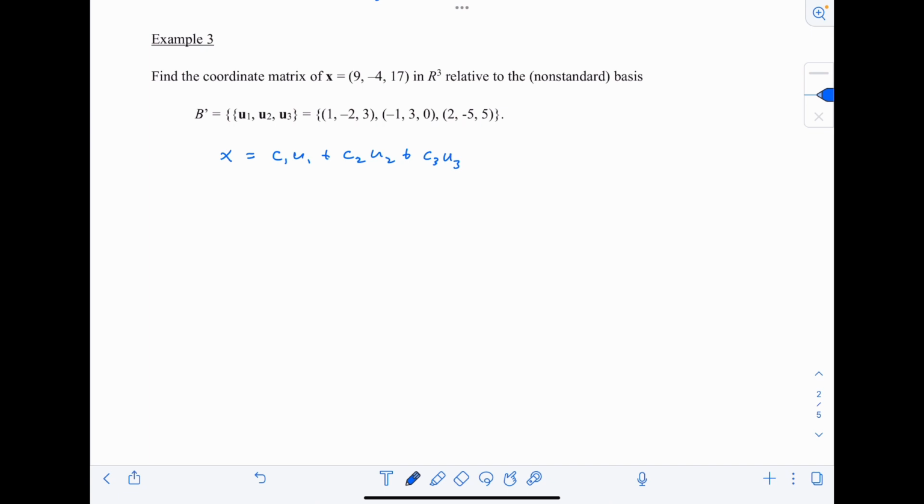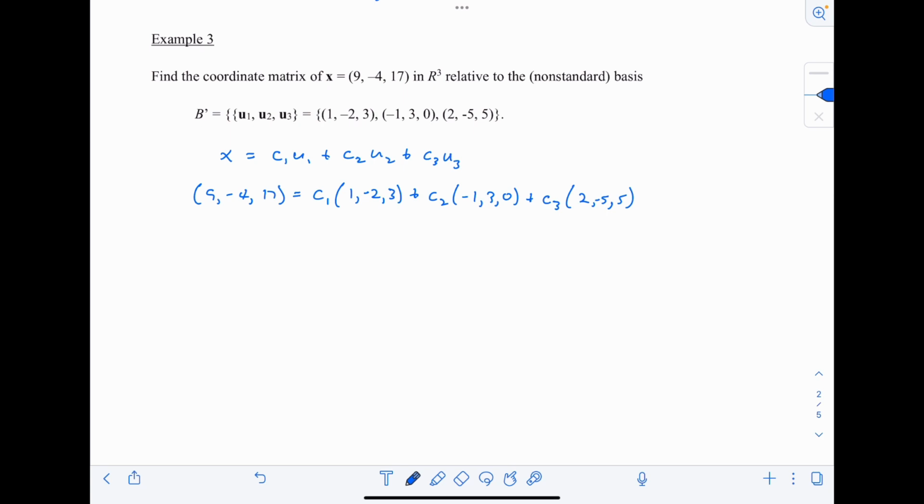So x, which is (9, -4, 17), is equal to some scalar c1, we don't know what the scalars are in this one, times the vector (1, -2, 3), plus some scalar c2 times the vector (-1, 3, 0), and then plus some scalar c3 times the vector (2, -5, 5).